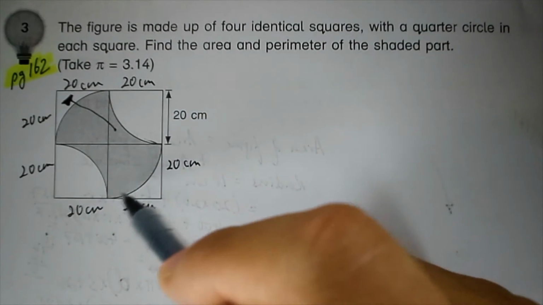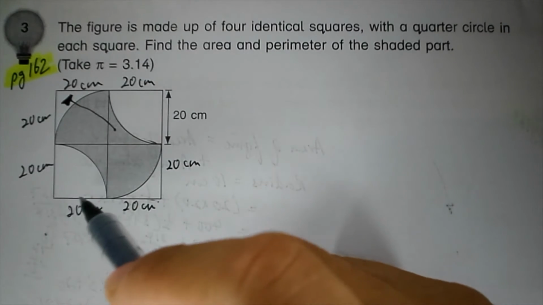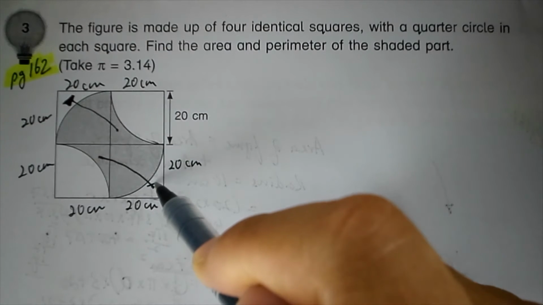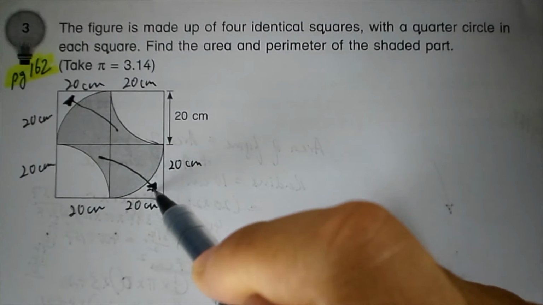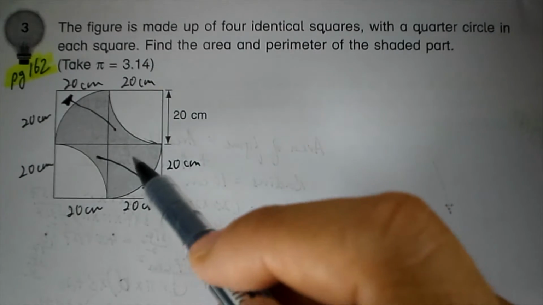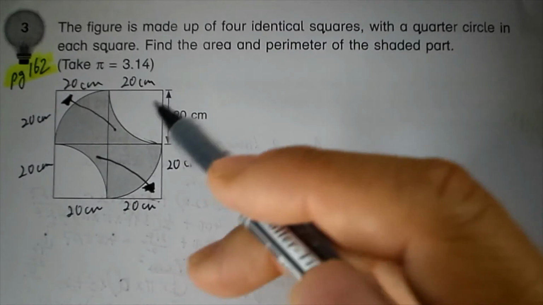Similarly, for this rectangle made up of 2 squares, this shaded part can be moved to fill up this empty unshaded part. In other words, we end up with 2 whole squares.